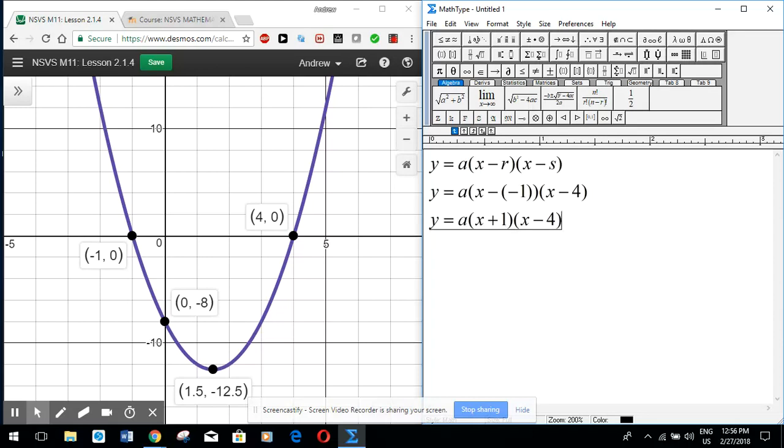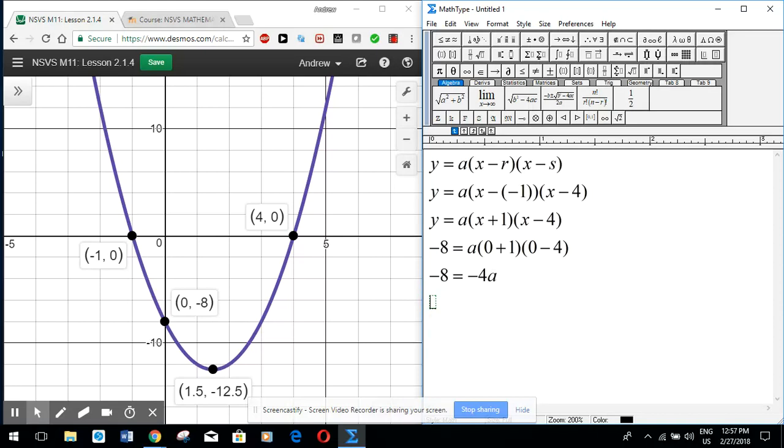So in order to figure out what a is, all we need is one other point on the curve. So suppose we choose this point, x equals 0 and y equals -8. We can then substitute in for x and y and say -8 equals a by 0 plus 1 by 0 minus 4, or -8 equals 0 plus 1 is 1 and 0 minus 4 is -4, so -4a.